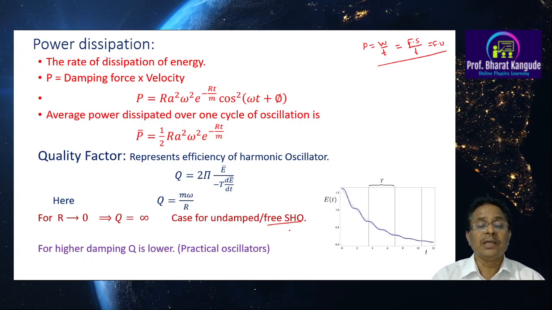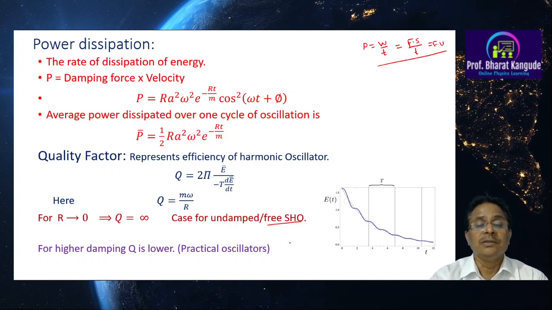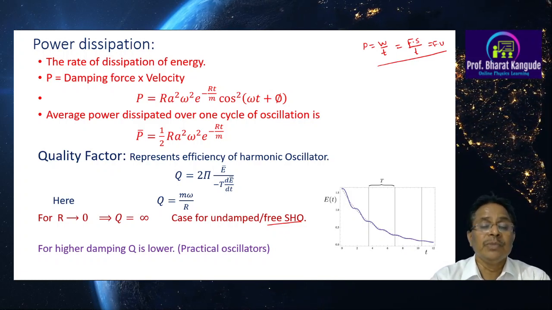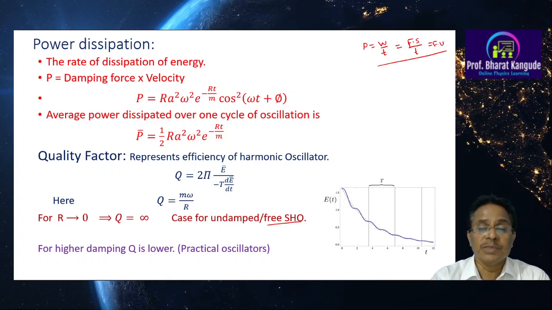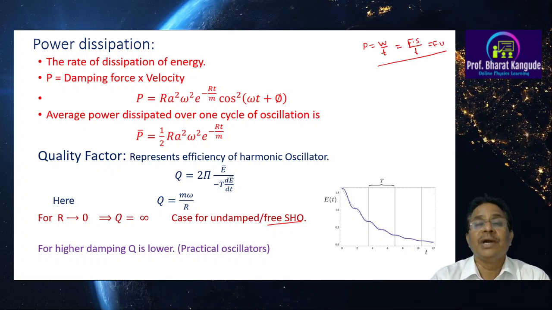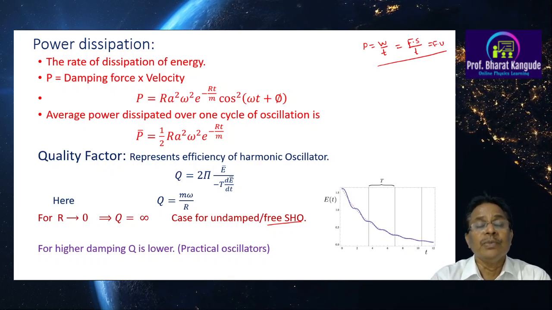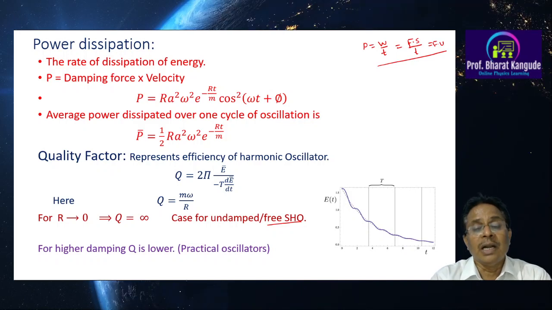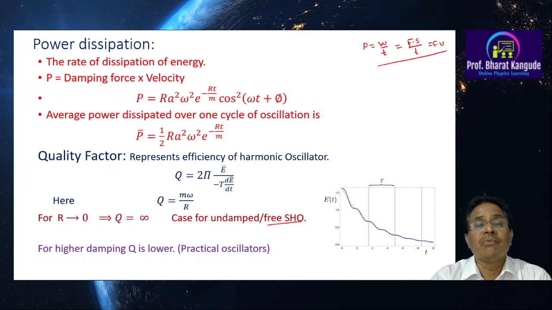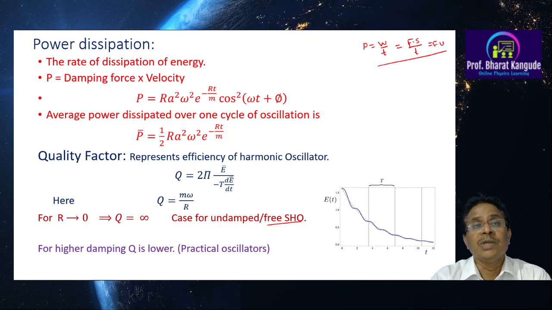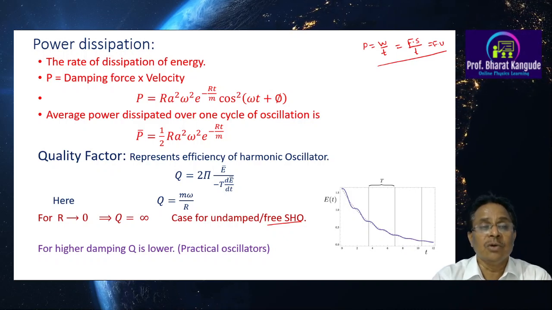In the case of practical oscillators, the ones we use in the laboratory, there is always some damping, because these oscillators are kept in a certain medium, and this medium opposes their motion. Therefore, there is always some finite value for R, and therefore some finite value for Q. So for undamped free oscillations, the quality factor is infinity, but for a damped harmonic oscillator, the quality factor is some finite number, and that represents the efficiency of this oscillator.